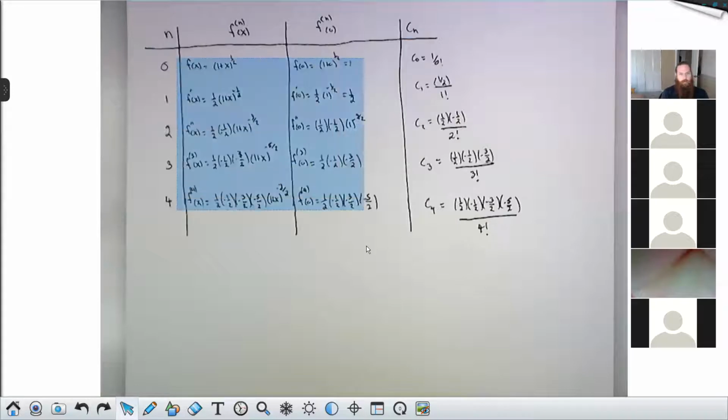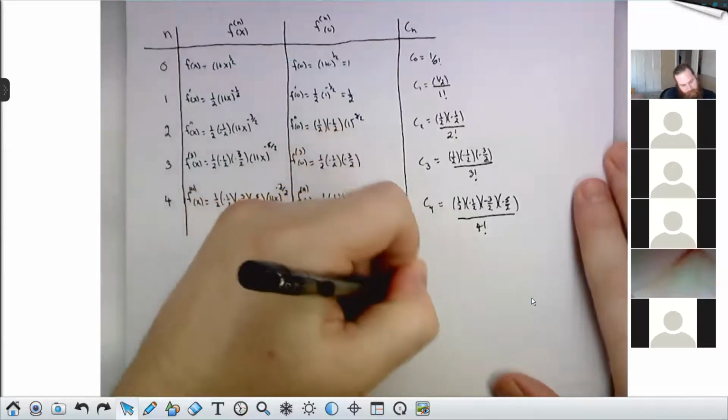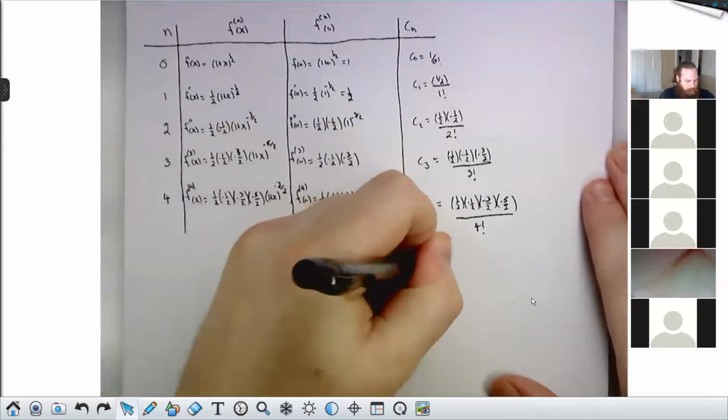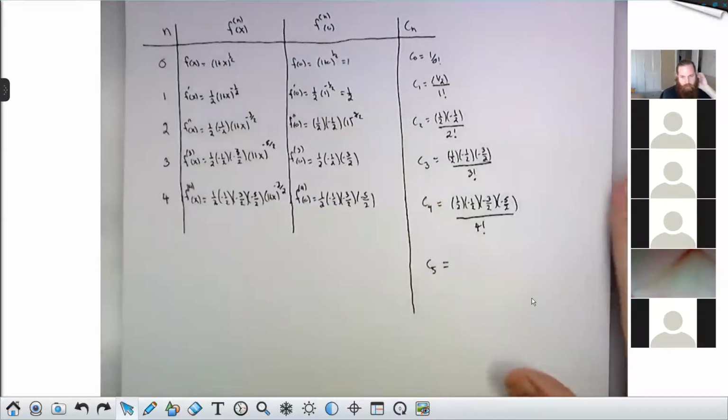Okay. So let's stop with all of these calculations and see if we could guess what the next term here would be. Looking at what we have so far, can anybody guess what C5 would look like? Would it be the same numerator, but additionally there would be a negative 7 halves over the factorial?